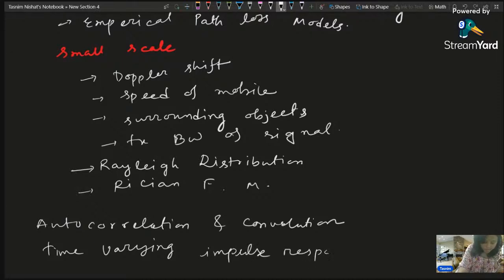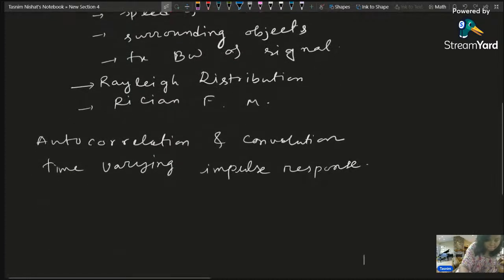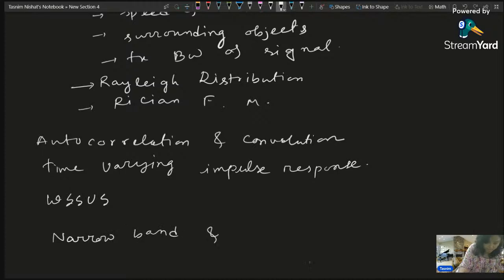Time varying impulse response. Then we have WSSUS and narrowband and wideband fading models.